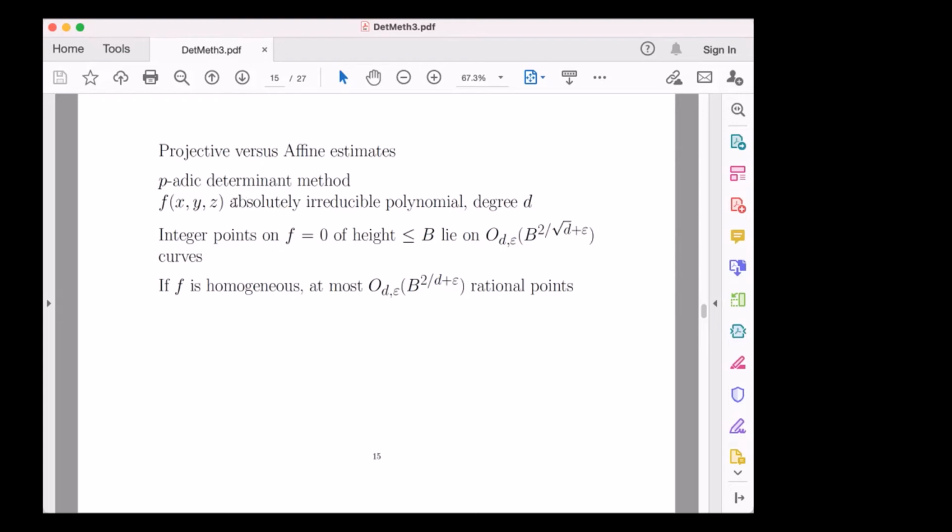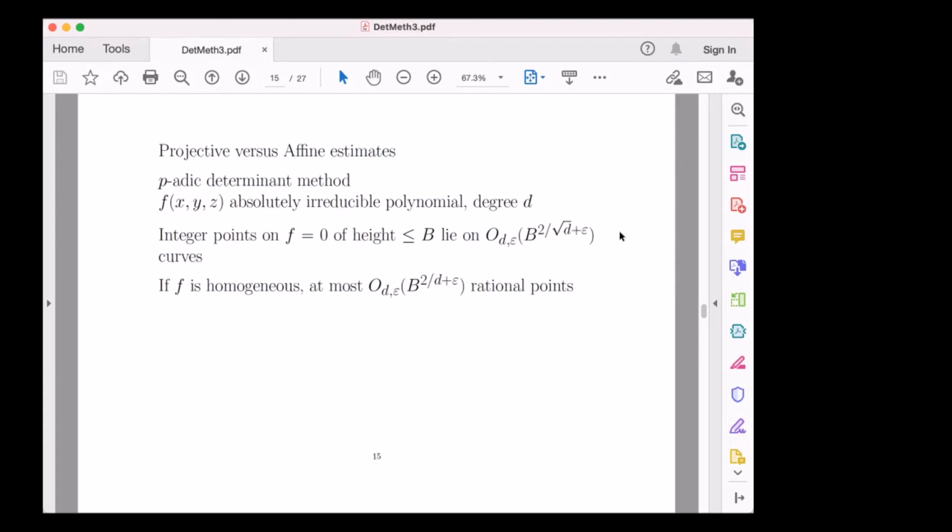However, if this happens to be homogeneous, f equals 0 will have at most order b to the 2 over d rational points. So if f happens to be homogeneous, you could regard f equals 0 as an affine surface and get something with an exponent 2 over root d, or you could regard it as a projective curve and get something with exponent 2 over d.